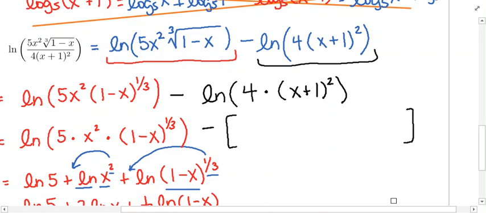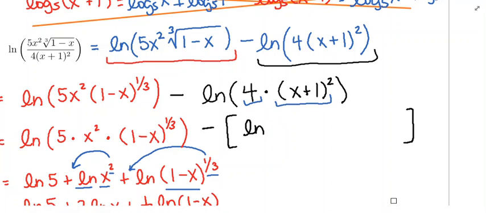Okay, all right, so let's focus on breaking up this logarithm. Okay, this is going to be the natural log of something times something. Okay, so this is going to turn into addition. Multiplication turns into addition. So this minus sign is staying right here.